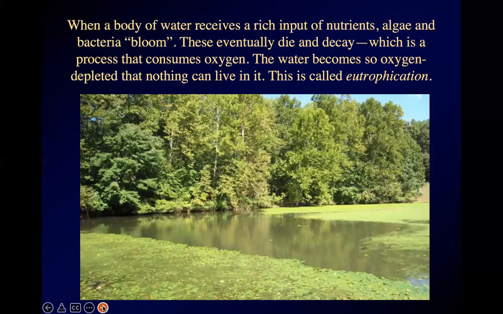Now, something else is going on. When you have a lake, let's say, that has lots of nitrogen and phosphorus washing in, lots of nutrients, lots of fertilizer, well, the organisms that can use that stuff the most quickly are bacteria and algae and you get what we call an algal bloom, a huge population explosion of photosynthetic bacteria and/or photosynthetic protists.